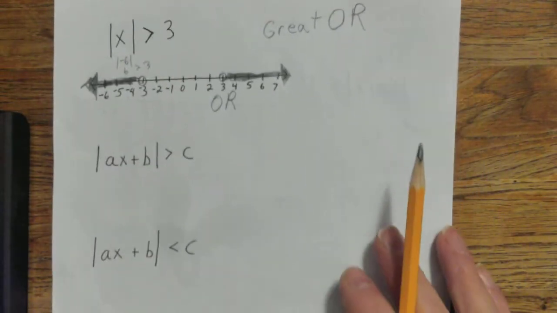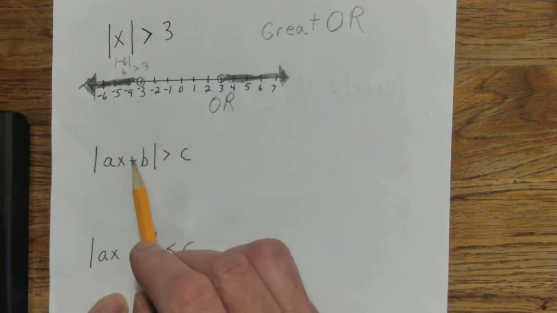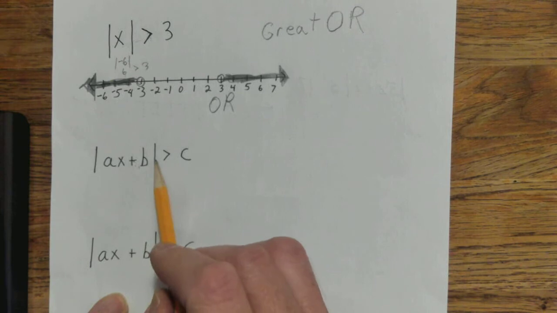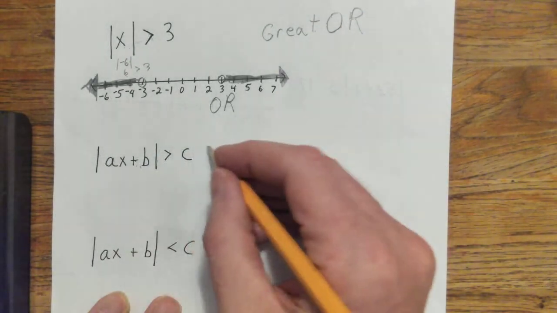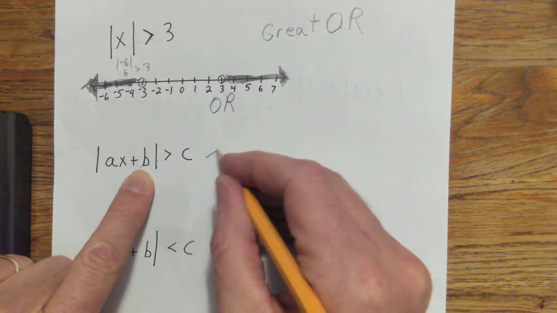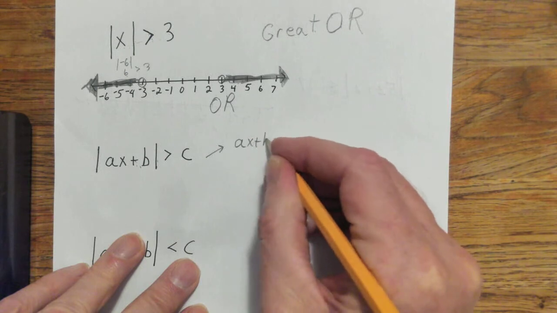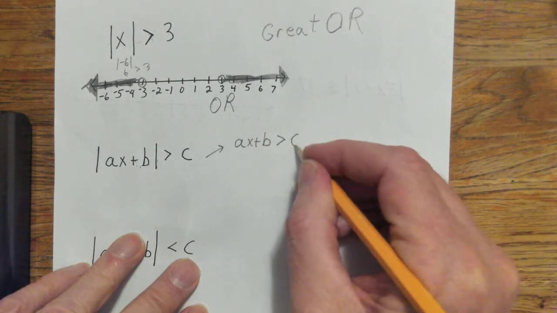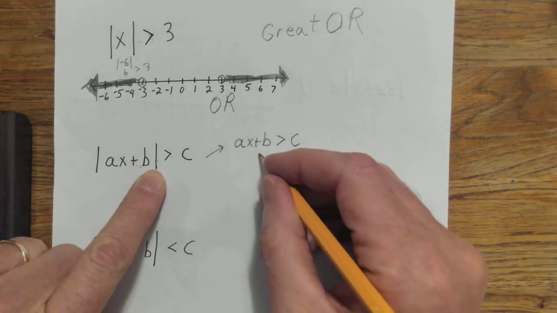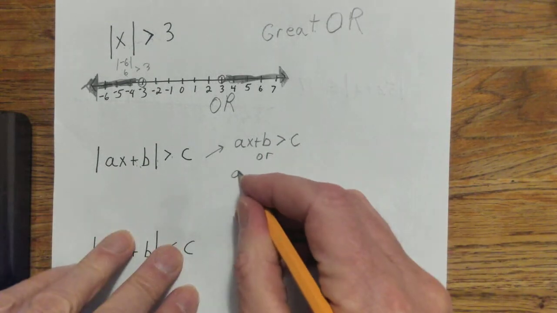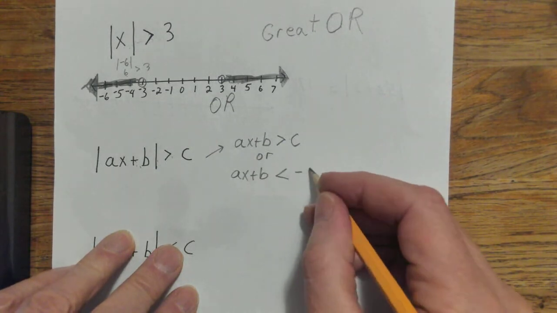And I've got just a general statement here of what you're going to do when you have this. Now this is greater. So what I would want you to do every time you get this, I would want you to set up ax plus b is greater than c, or ax plus b is less than negative c.